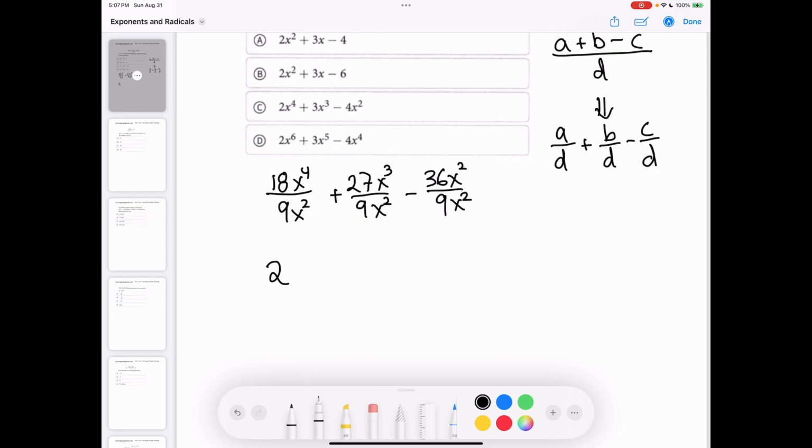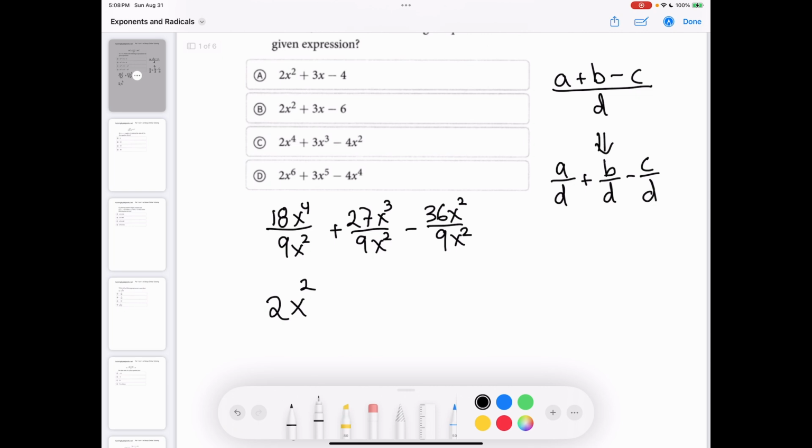If you remember the quotient rule, it says when I have the same base in the numerator and the denominator, I'm going to subtract the exponents. So I'm going to write the same base, x, and subtract the exponents, namely 4 minus 2. And that means I end up with 2x squared. Actually, let's not get ahead of ourselves. Let's go on to the next one.